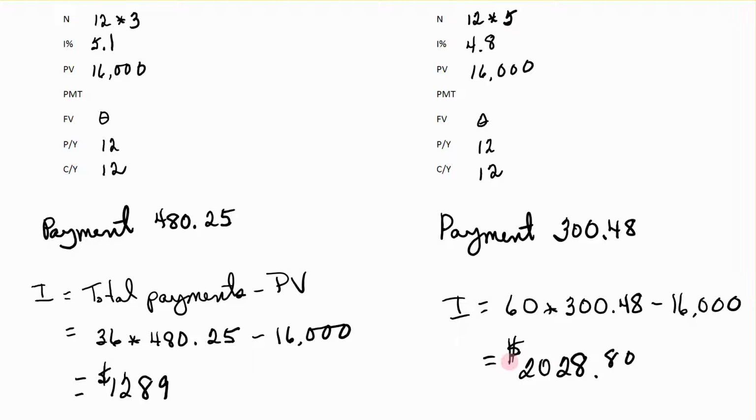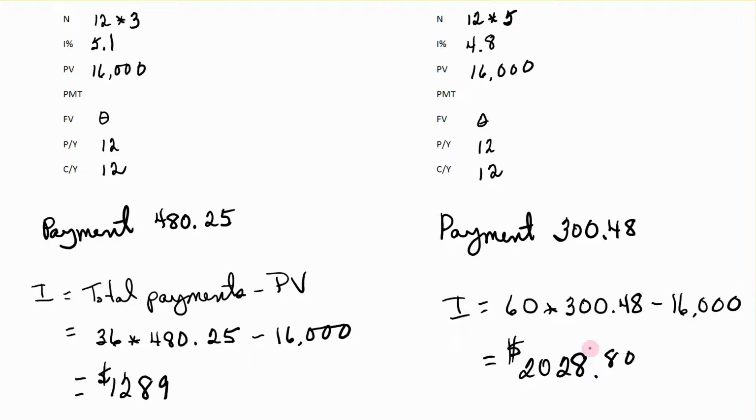So I think you can see that if you extend your loan, even if you have a lower interest rate, yes, your payment is smaller, but you end up paying back significantly more. You pay a lot more back in interest. In this case, over $700 more.